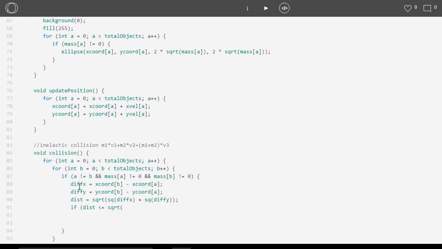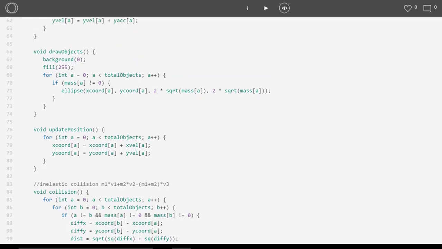So square root of mass of A is one radius, and the square root of the mass of B is the other radius. So if we add those two together and it's less than the distance, hey, we are overlapping, and that's not good. So did I get all my, those two match, those two match, those two match? Okay, good. So that means that we need to do our inelastic collision.